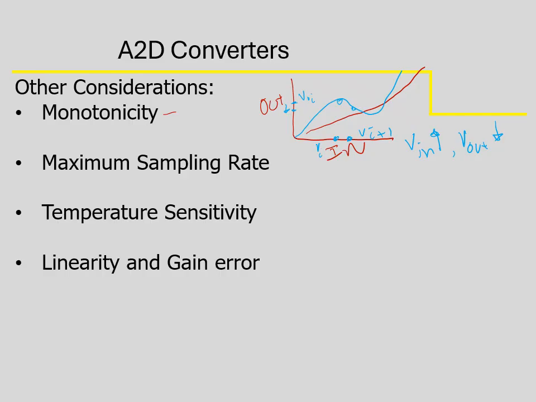Now, another issue is maximum sampling rate. So we've talked about that. Here, I'm talking about what is its sampling frequency. So is it like 1 hertz, 100 hertz samples per second, 1,000 kilohertz, etc. You're going to pay more for a higher sampling rate.